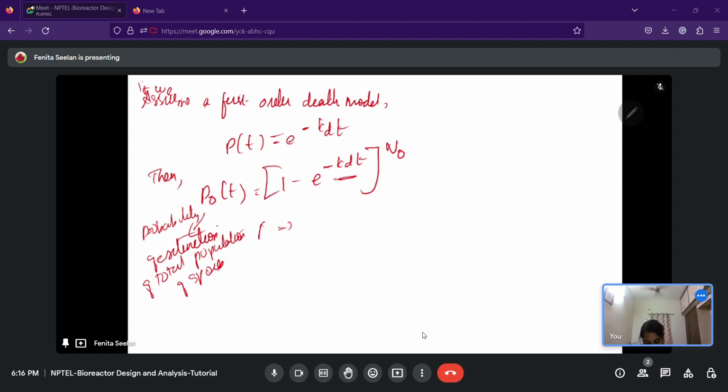So P naught is equal to 1 minus e power of minus 15, the whole power of 10 power 8. Please solve this and tell me the answer. I'll wait 2 minutes, so please take the time to solve it.